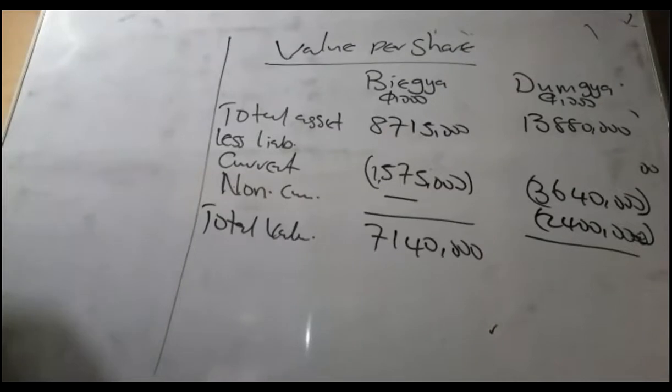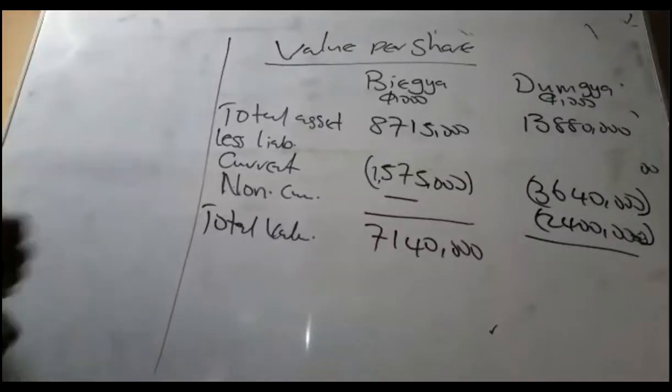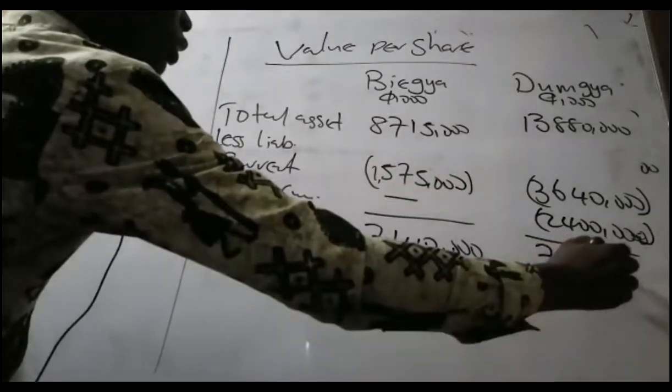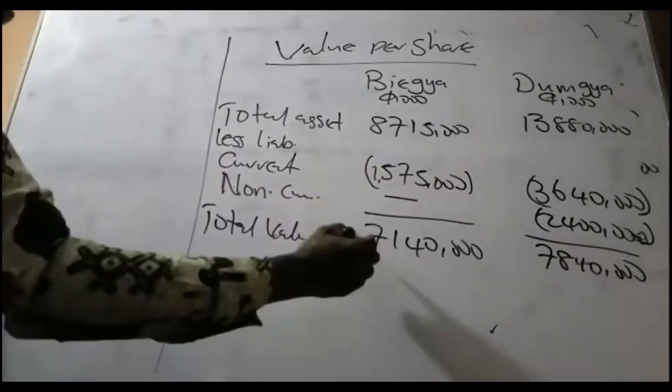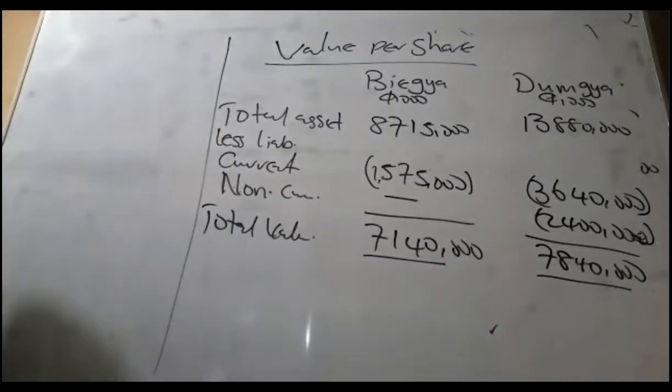Let's go and pick the answer. The final answer is 7,840,123, right? So that is it. This is the total value.